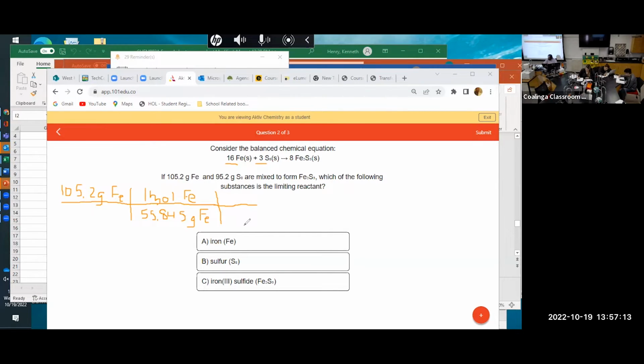So what is the mole to mole ratio? For every 16 moles of iron, I have how many? 3 moles?